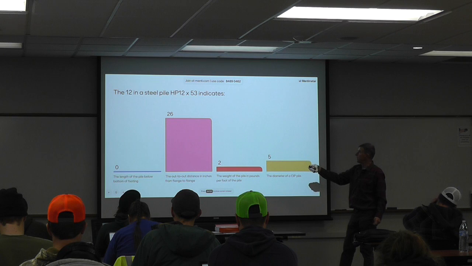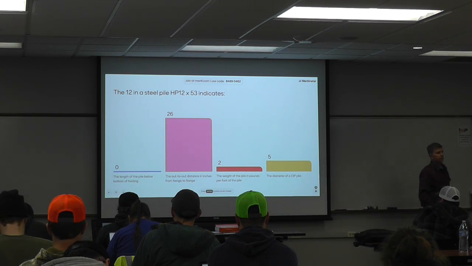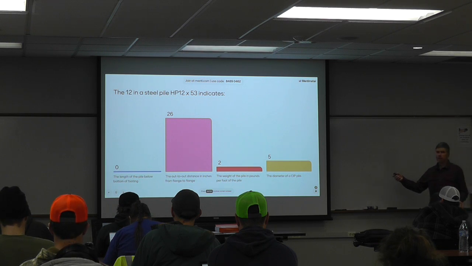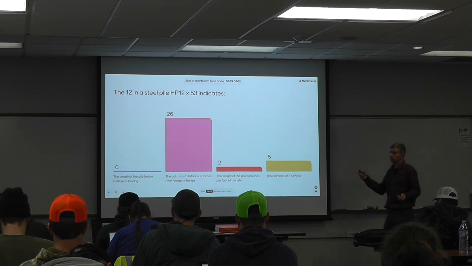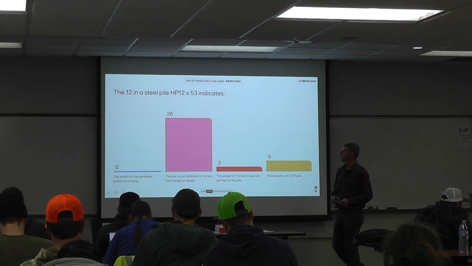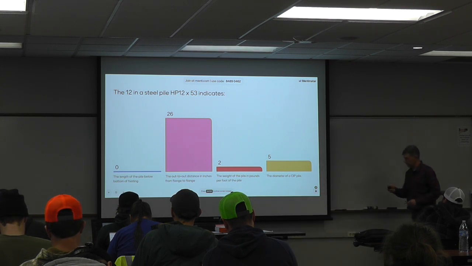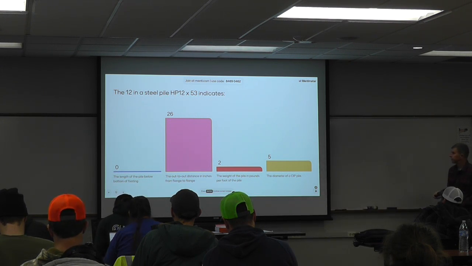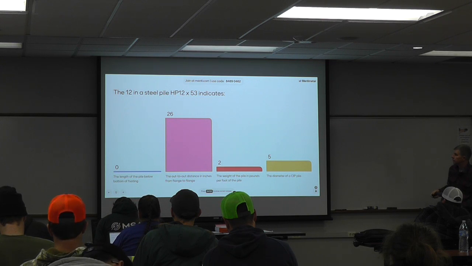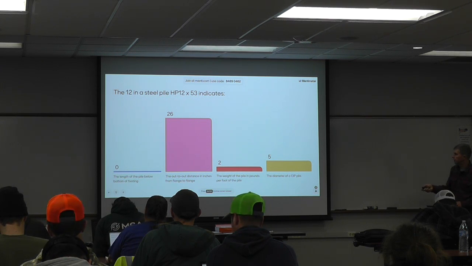The 53 indicates pounds per linear foot. So HP 12 by 53 is a very common pile, a bread and butter type of H pile: 53 pounds per foot, and 12 inches is the depth. So our question, HP 12, what does that mean? It indeed is the distance in inches from flange to flange.